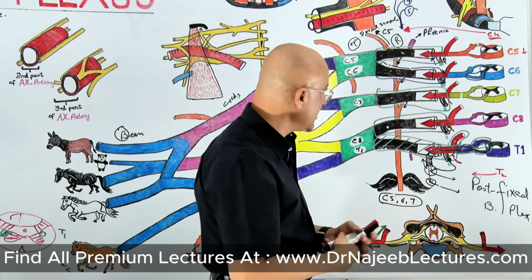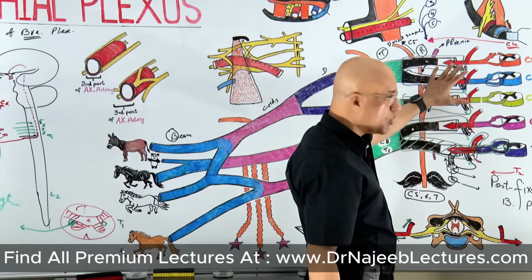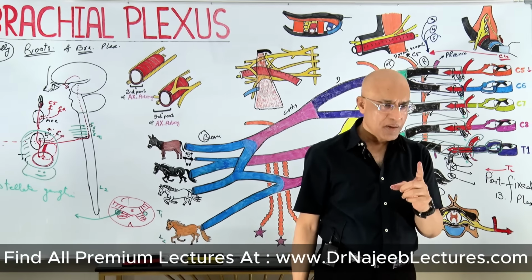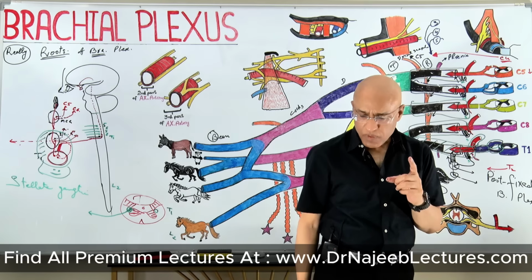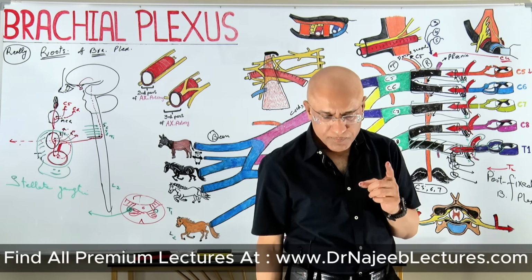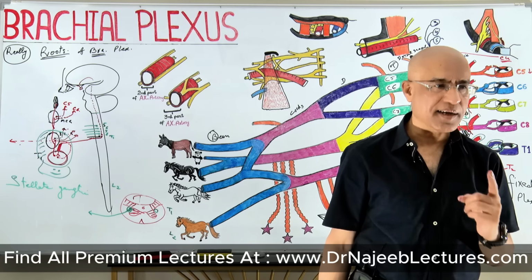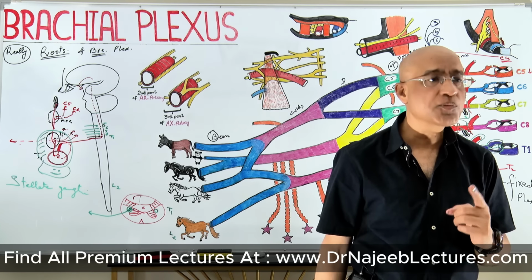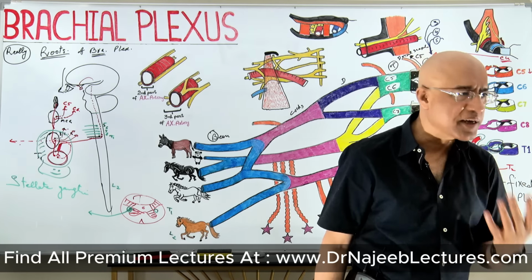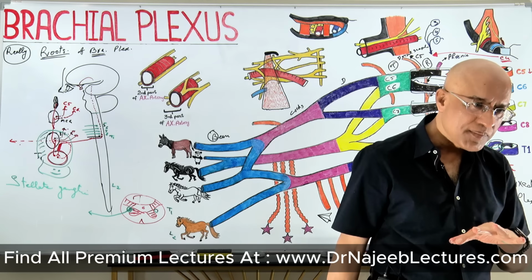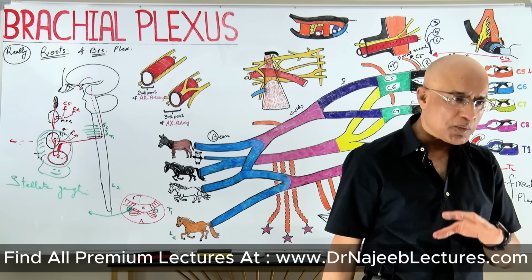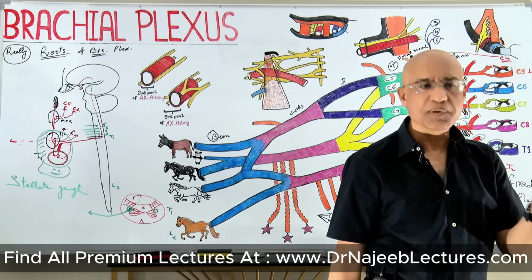Something very special. Even though most of the time we say the brachial plexus is a somatic plexus, because the majority of the fibers in the brachial plexus are somatic motor and somatic sensory, they do have some vasomotor fibers, pilomotor fibers, pseudomotor fibers, I mean sympathetic fibers.